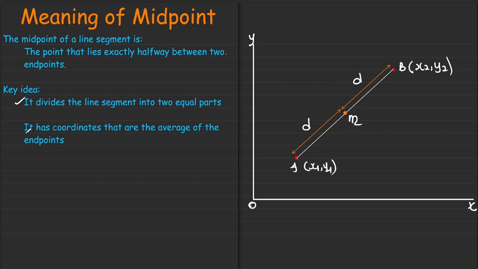Now, talking of it having coordinates that are the average of the 2 endpoints, that is going to be our focus for this lesson: to determine the midpoint of 2 endpoints.